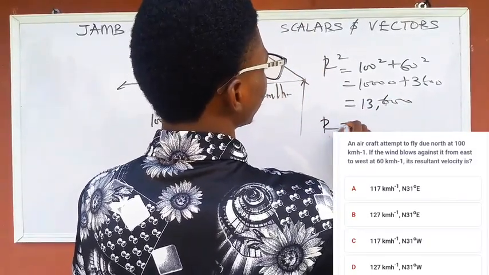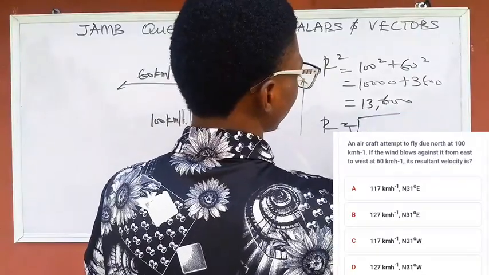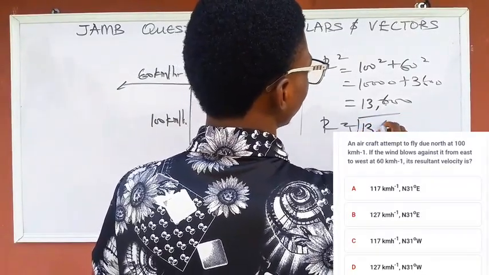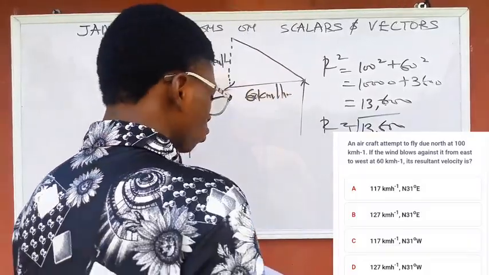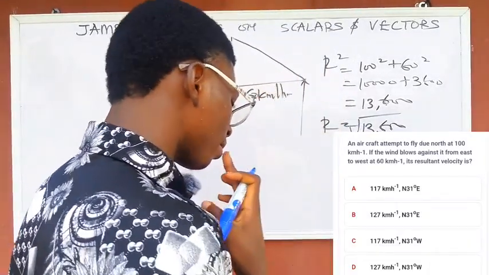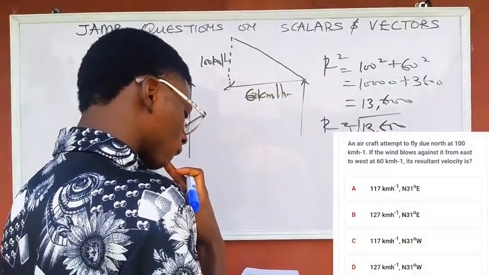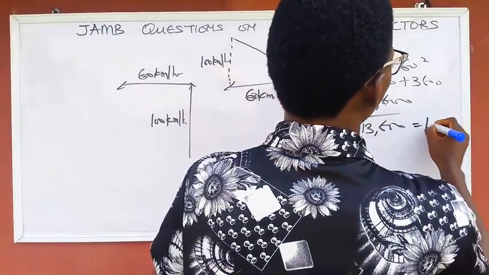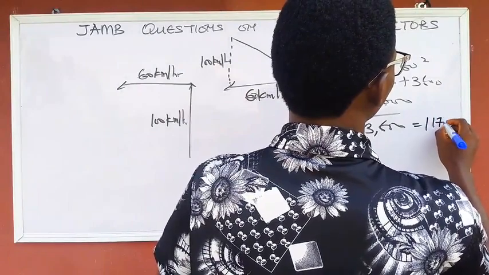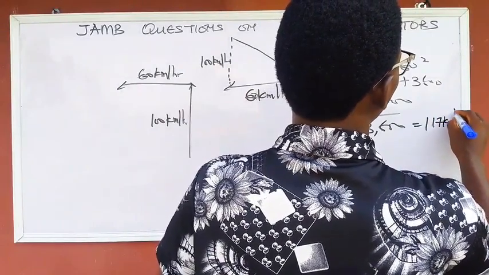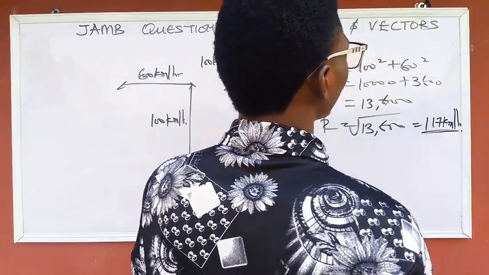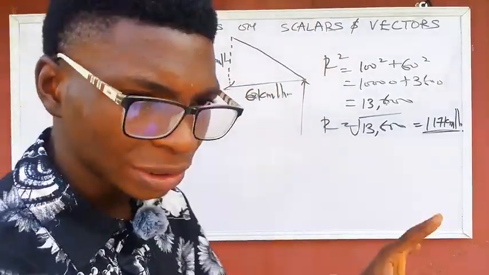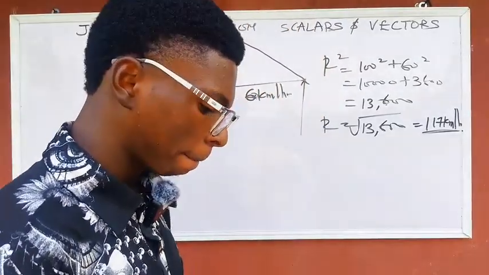So R will now be the square root of 13,600. What is the square root of 13,600? That will be 117 kilometer per hour. That will be the resultant.